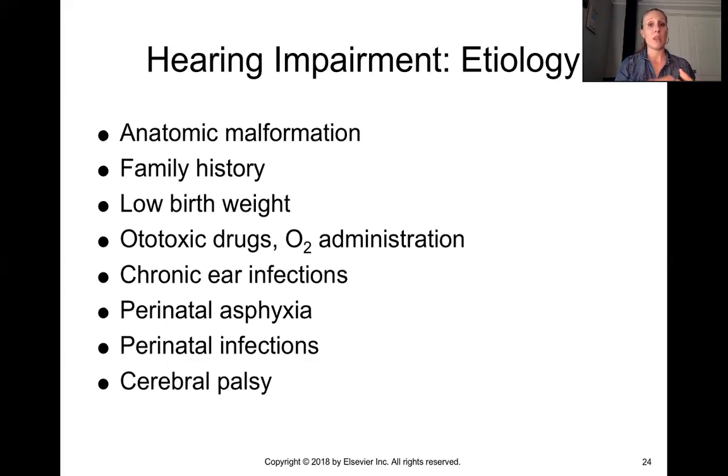We resuscitate with pressure to open those lungs at 21%. And this is one of the reasons. And when we talk about vision, it's the same thing. That extra O2 can cause hearing loss and vision loss. So that resuscitation effort is really important to keep it at that 21%, unless otherwise indicated, which there's definitely indications for.